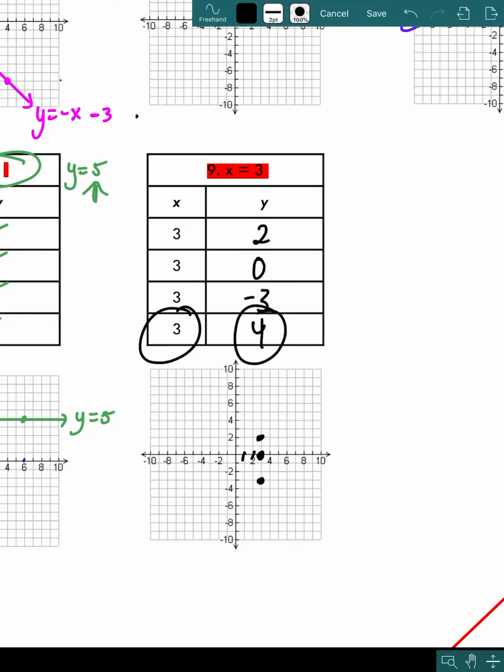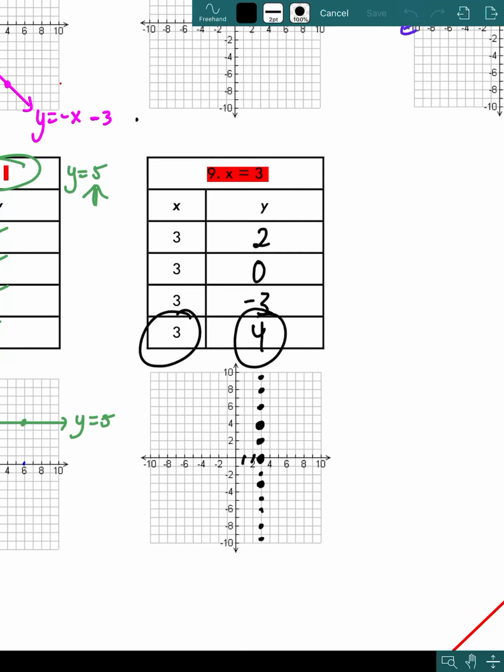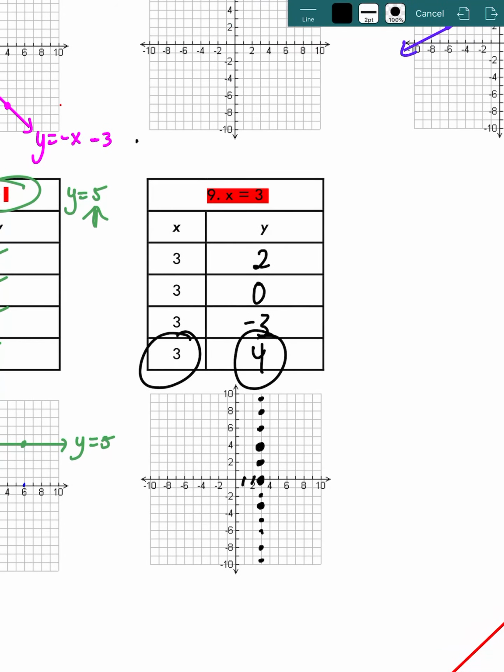So we're going to go over to 3 and up 4. So you'll see no matter what values you're picking for y, even if it was a decimal value in between or halfway in between, x is always 3. So what we have is a straight vertical line where x equals 3.